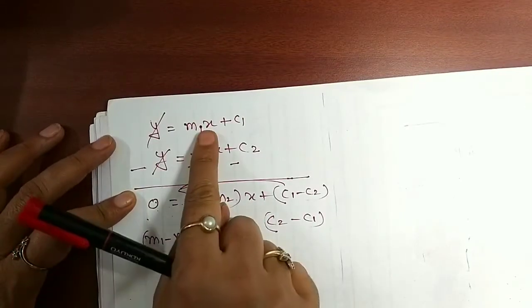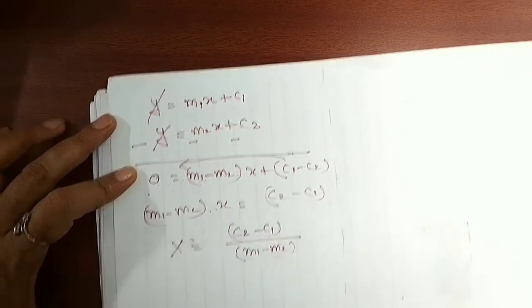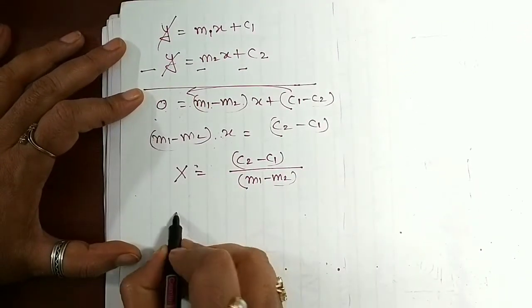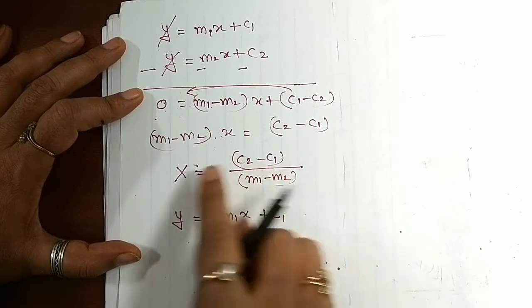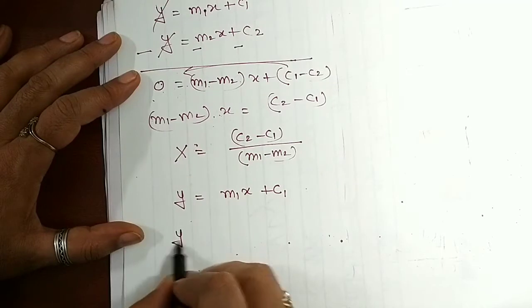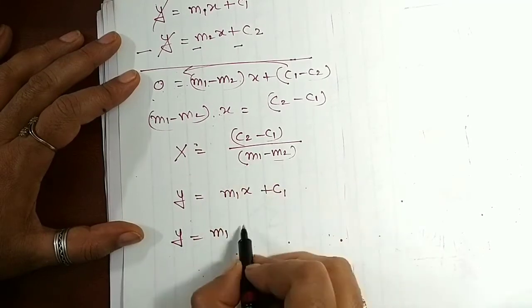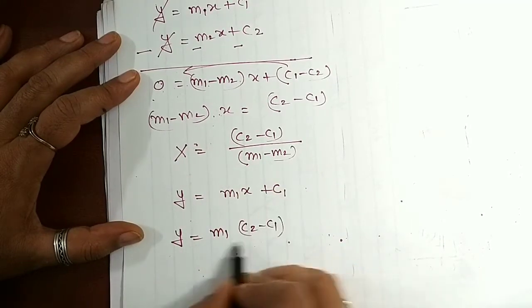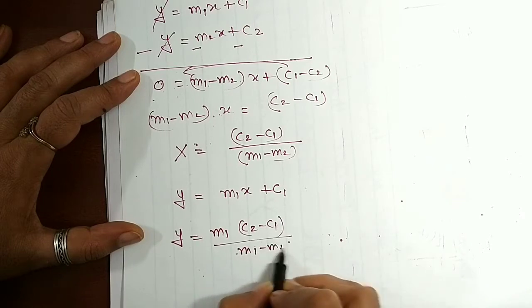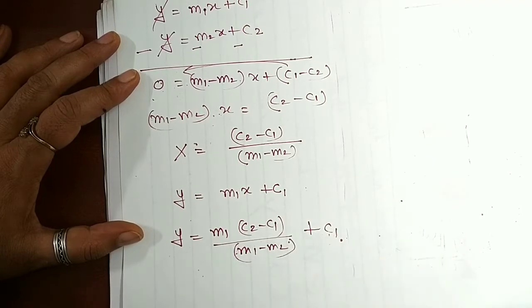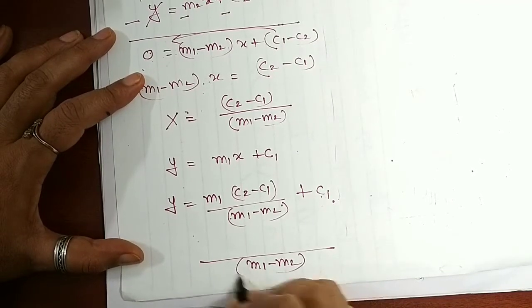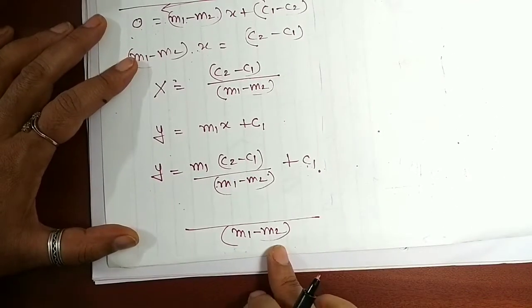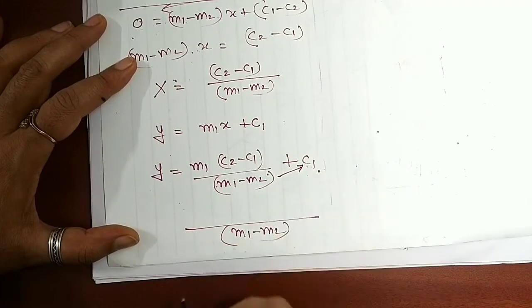Whatever I got for x, I will put here to get y in the first equation. So my first equation is y is equal to m1x plus c1. So I am putting x here to get y. So m1x is m1 times c2 minus c1 by m1 minus m2, plus c1. Okay, so what will be my LCM? m1 minus m2 is my LCM. Okay, and this is multiplied here.